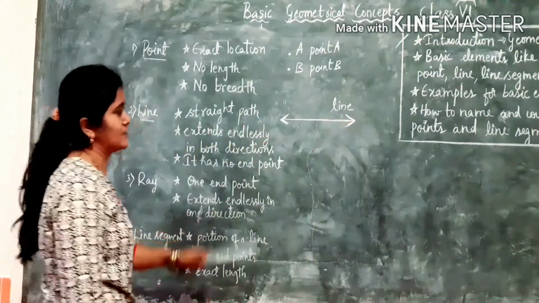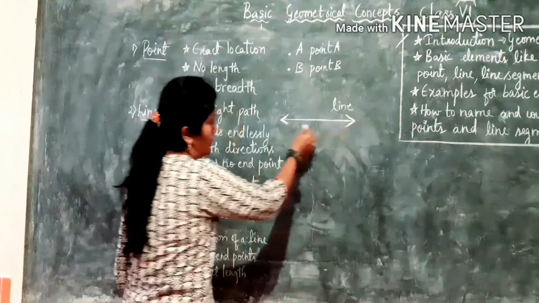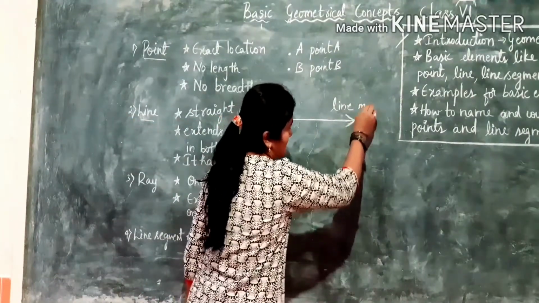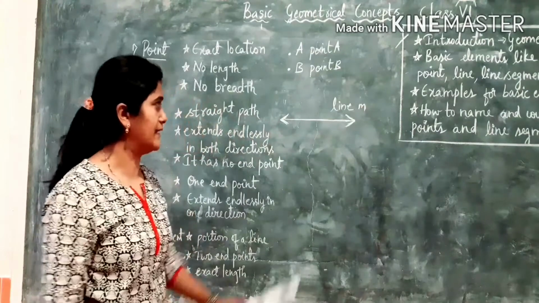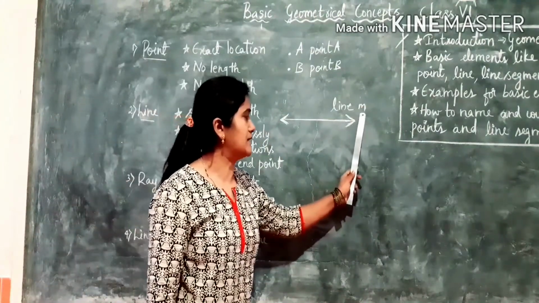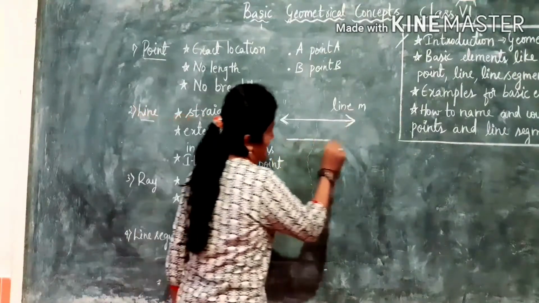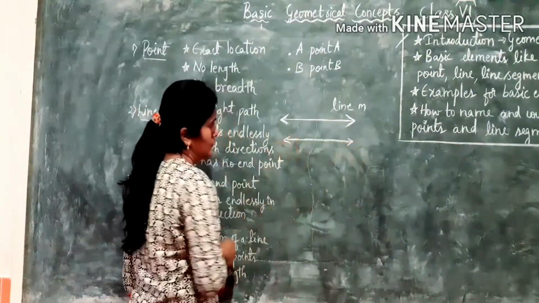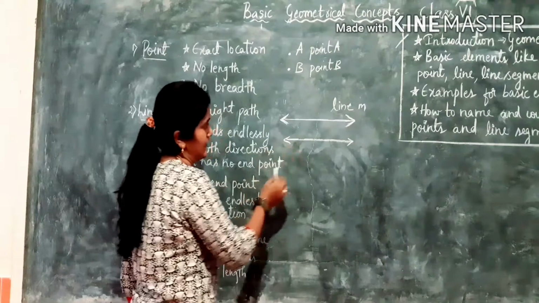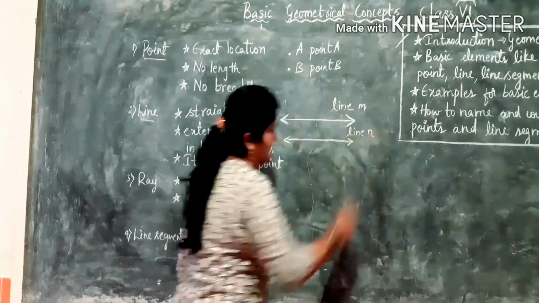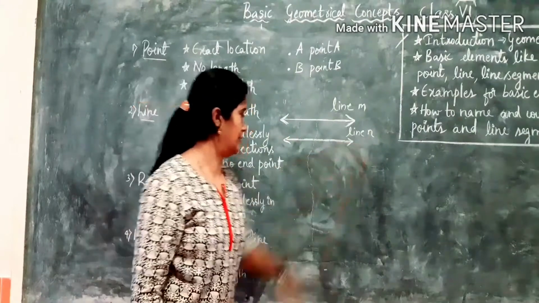And it has no end point. So this is called as a line. Here line can be represented by the English alphabets which are small. One more line let me draw, and this you can see it is a line, and here I am going to write it as line N.